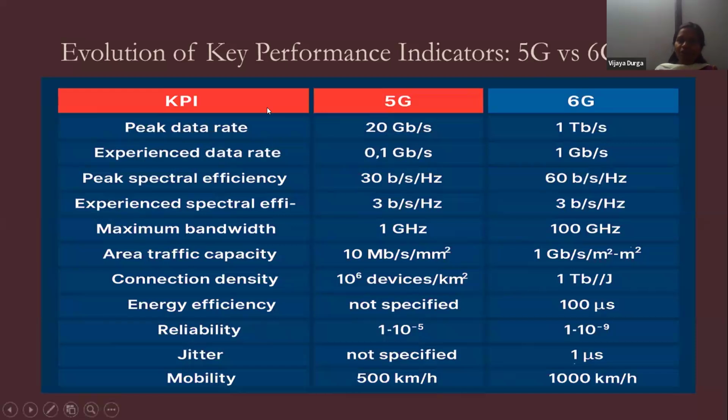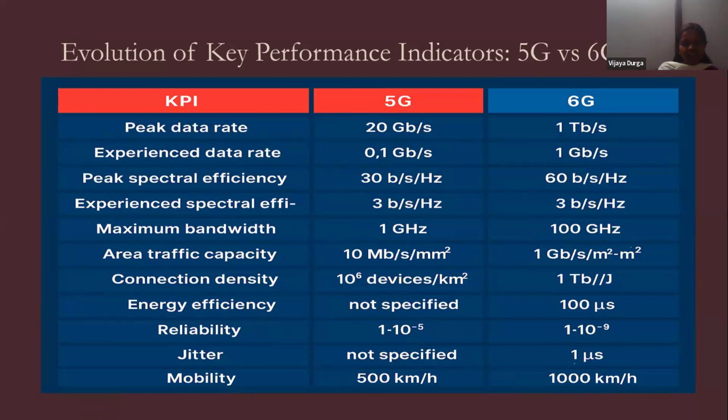And then coming to the performance comparison between 5G and 6G. For example, if you take these parameters, the peak data rate is very, very important, because when you're moving from one generation to the next generation, the data rate increases. Data rate is nothing but how much data we are transmitting.